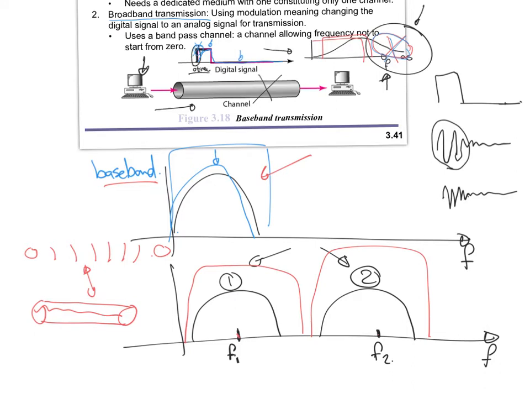The answer is no. Why? Because remember, this is guided transmission. You're not sharing the same transmission medium in that case. This communication is happening on a totally separate transmission medium from this one, so you do not have any collision, interference, or crosstalk between the two.